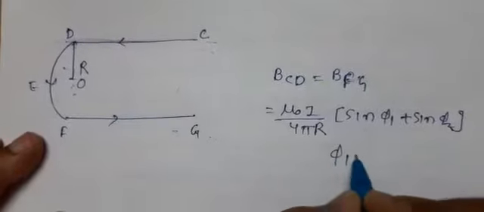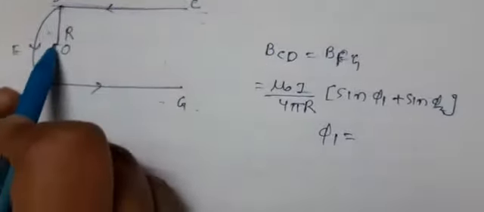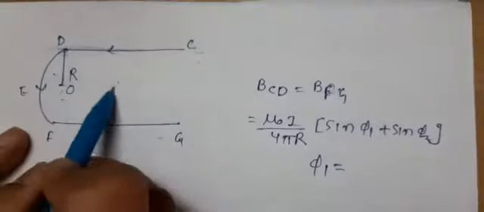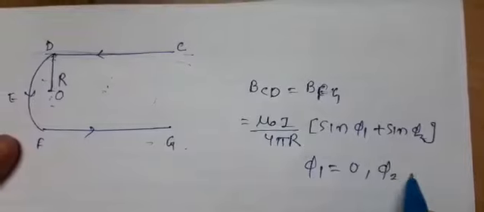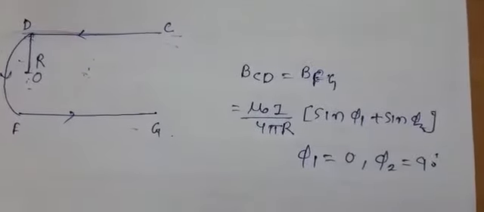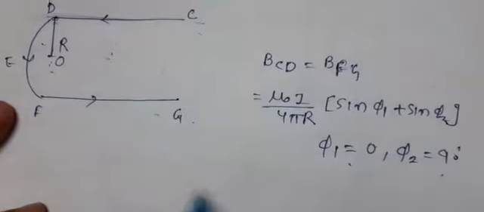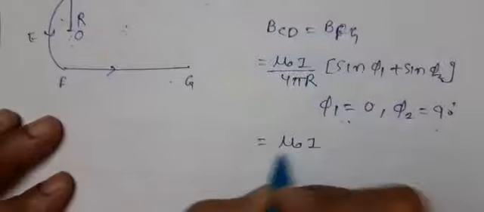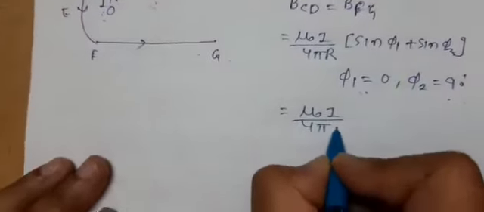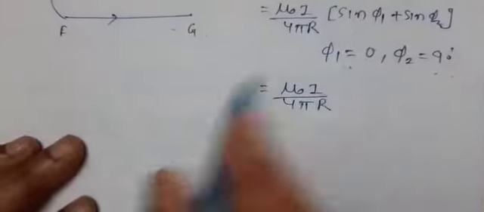In that case, that angle becomes phi 2; if this is taken to be at this, and this corresponding angle was phi 1, then phi 2 will be 90 degrees and phi 1 will be 0. So depending upon where you have taken phi 1, phi 2, you can use it. So now it comes out to be mu naught I upon 4 pi r. So this is the same for both cases.